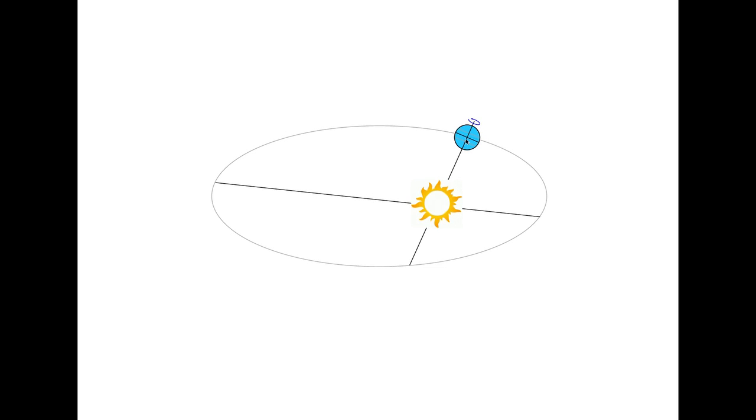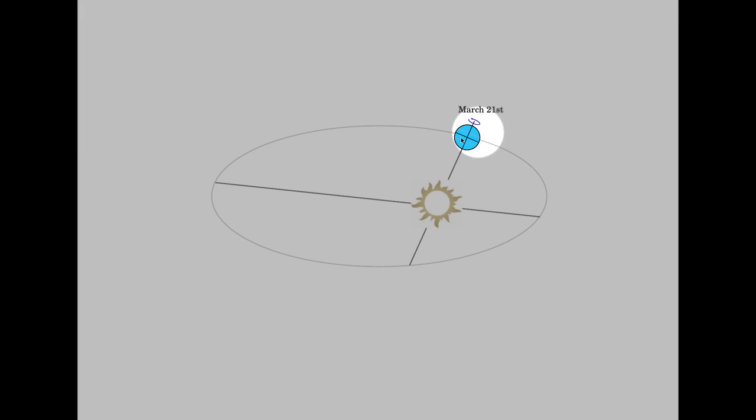Now let us say this position occurs on 21st March. I will talk about this later, but for now let us say at this position it is occurring every year on 21st March. Now the Earth is continuously spinning and moving along on this elliptical path, and let us say it comes to this position.